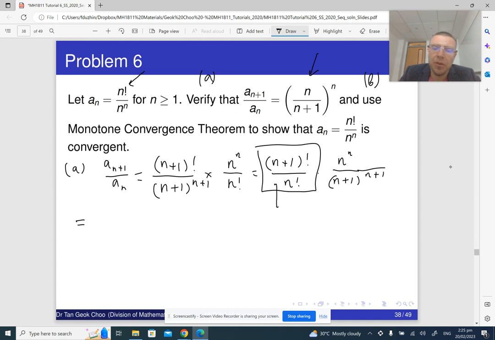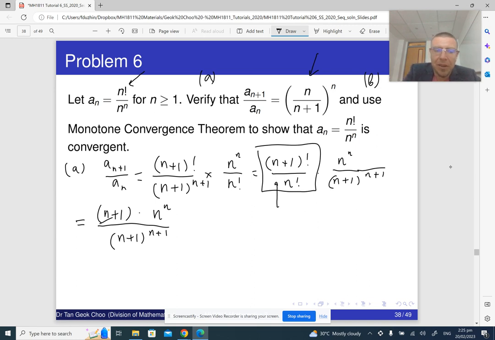So when you compute this, almost everything is going to cancel out because there's going to be 1 on top and 1 on bottom, 2 on top and 2 on bottom, and so on up to n. So the only remaining term is going to be n plus 1.